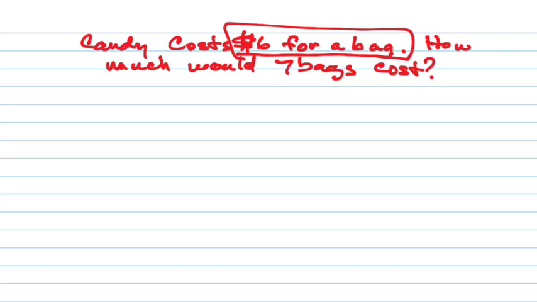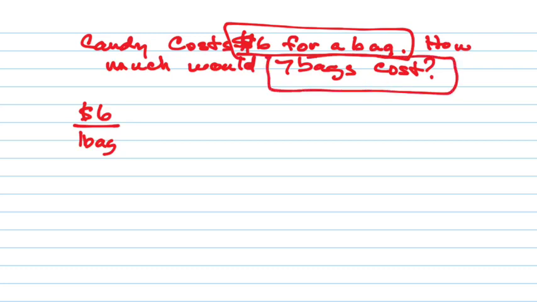So what did you write? 6 what? Dollars over bag. And you can put 1 bag if it makes you happy. Put the 1 bag if it makes more sense to you. Per bag. It's perfectly fine. Now, would you put 1 bag as your answer? It'd be okay. All right. Now, how many bags do we want? 7. So that's multiplied times 7 bags.